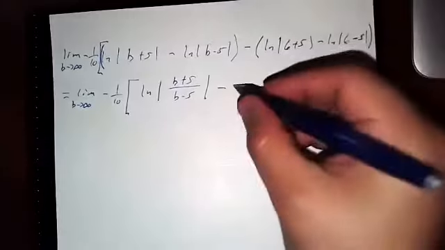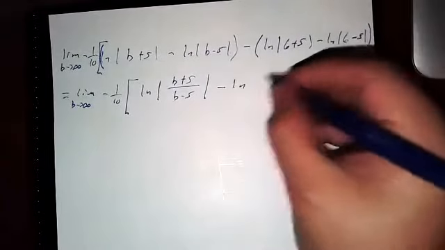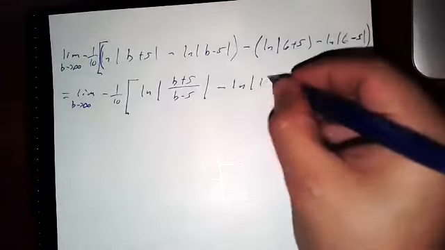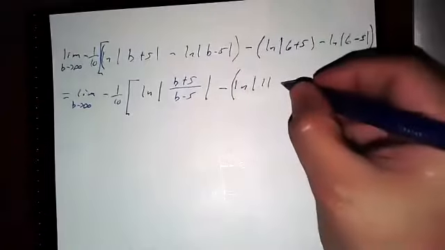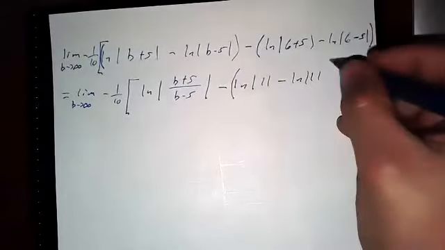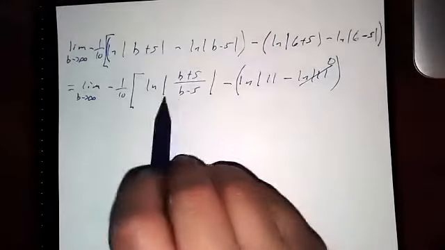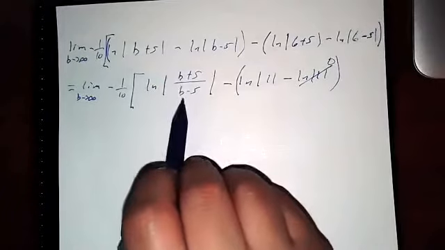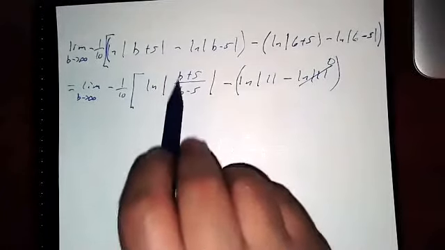Minus ln of 11 minus ln of 1, which is going to be 0, right? When you take the limit, these will outdo each other, giving you a 1.